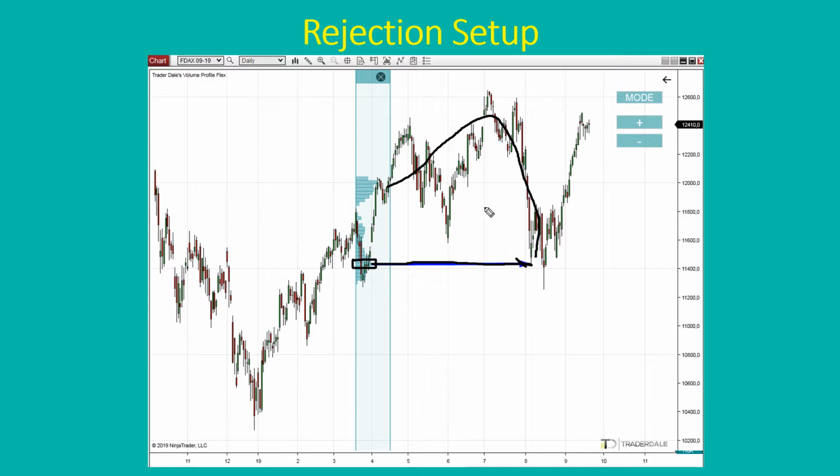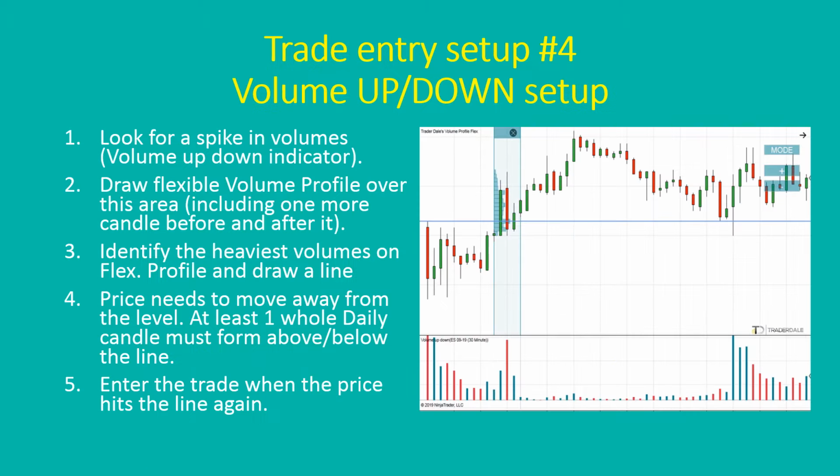As you can see in this case, we waited for 1, 2, 3, 4 months, and the price hit the level and immediately made a reaction right there, this one. All right, so that was the rejection setup.